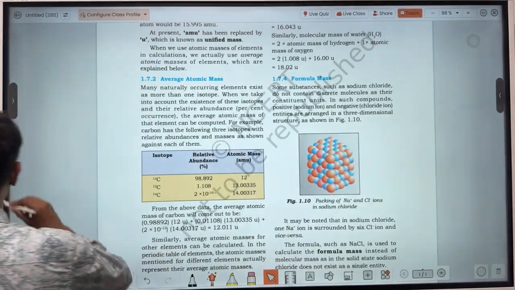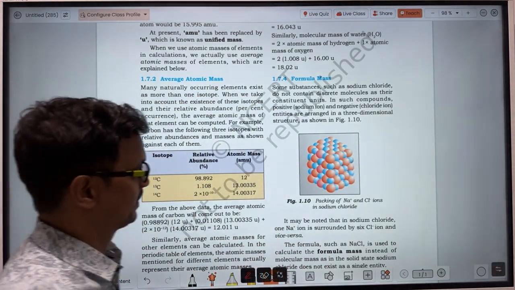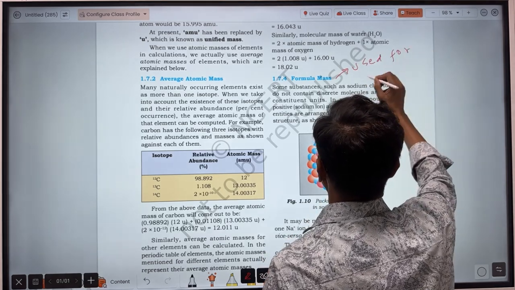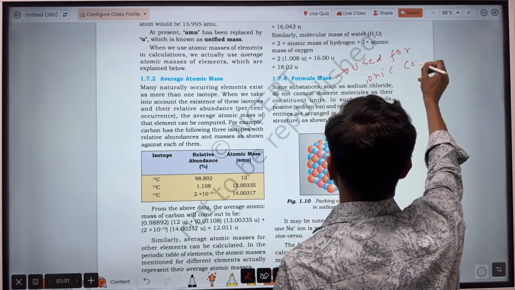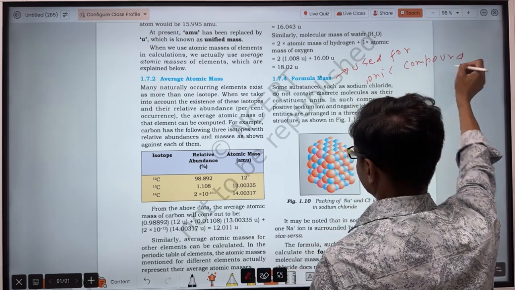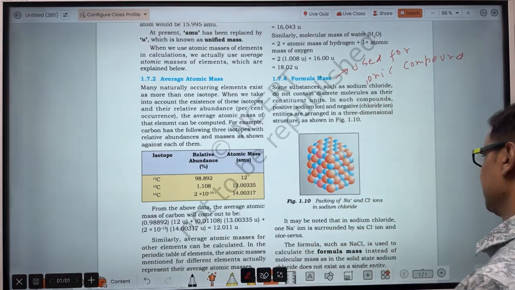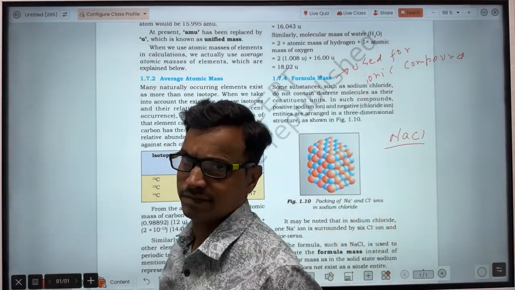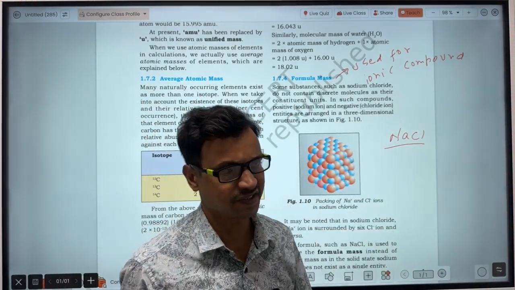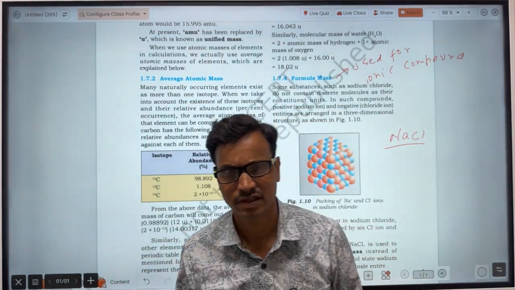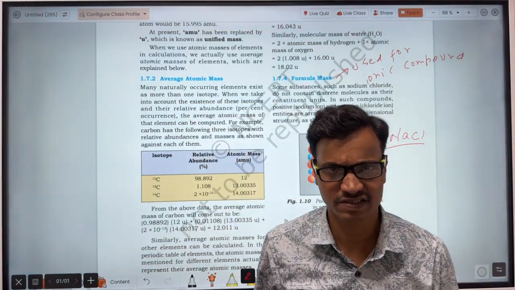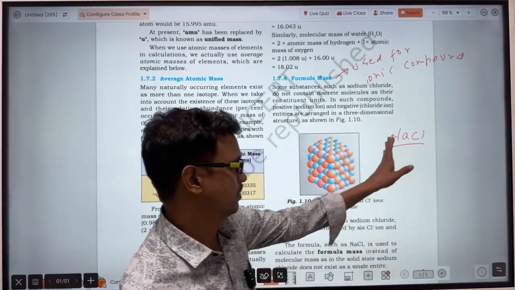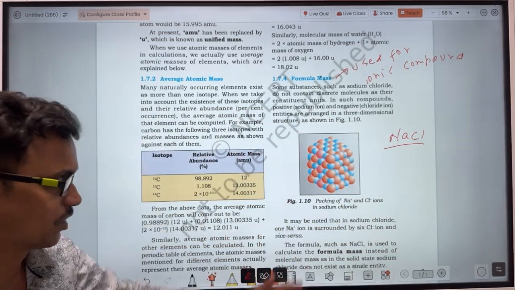We use formula mass for ionic compounds. Like NaCl, it is an ionic compound, because Na plus and Cl minus are bonded with each other through a strong electrostatic force of attraction. So here we use formula mass instead of molecular mass.